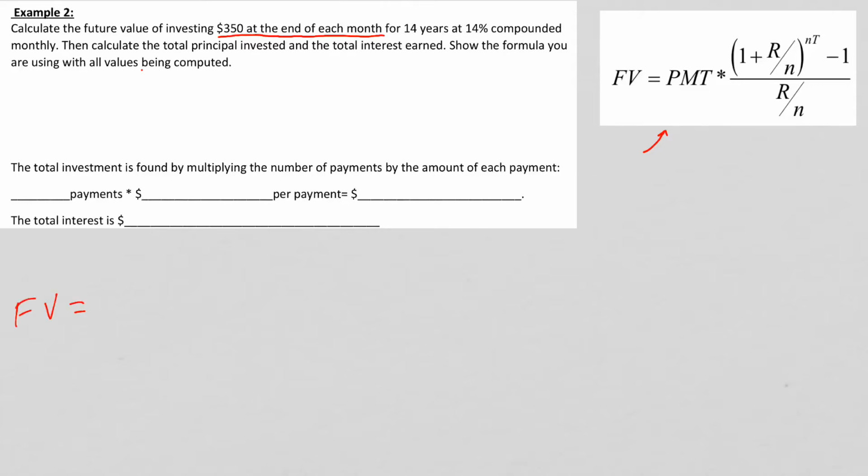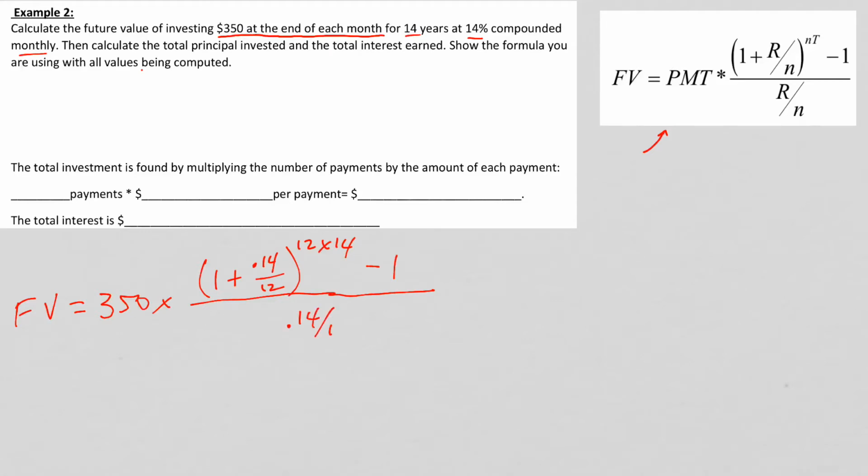And that's going to be the size of the payment, the $350 in this case, times 1 plus the rate, 14%, divided by the number of compounding periods per year, which is 12, to the 12 times number of years, there's 14 years, minus 1 over our rate, which is 14% divided by 12.